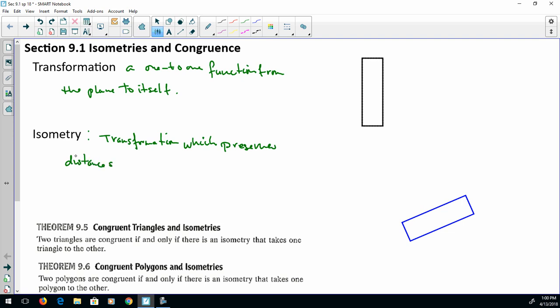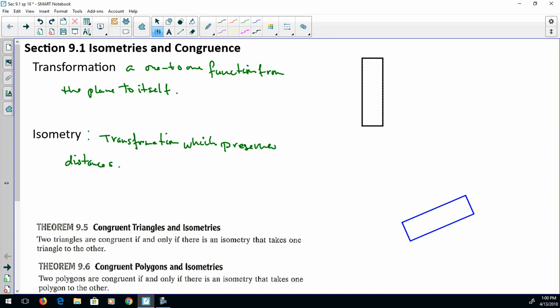Okay, so it preserves distances. Well, what you can show without too much trouble is if you have a one-to-one function in the plane that preserves distances, it will also preserve angles, and it will also preserve area. So an isometry is basically a one-to-one function in the plane that preserves everything that we look at.